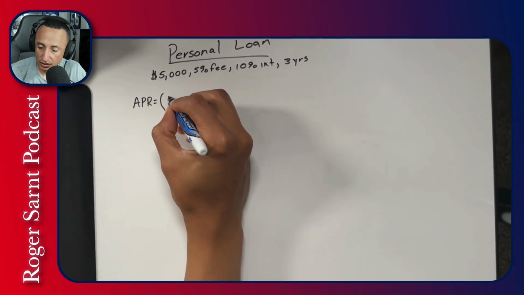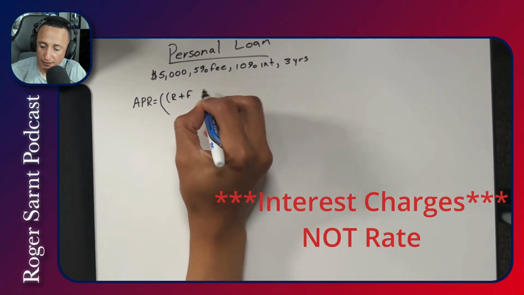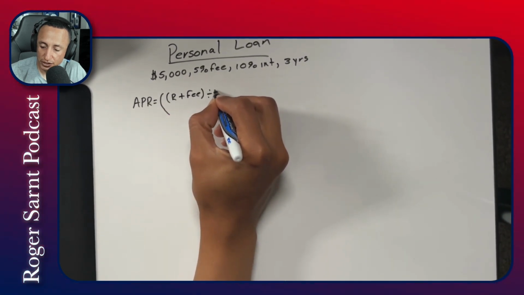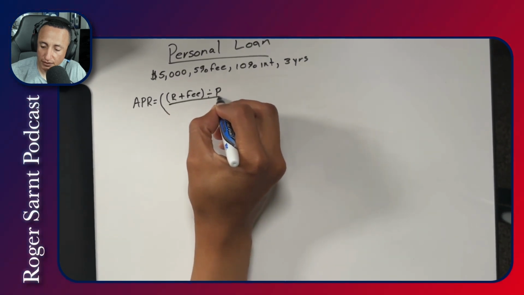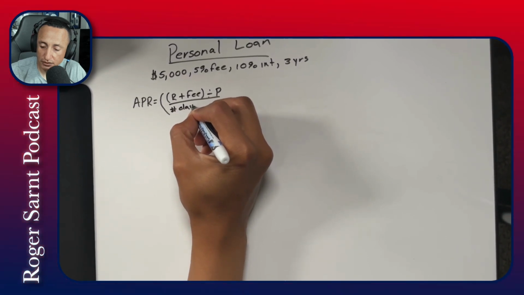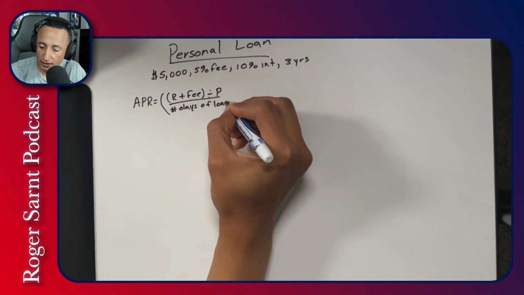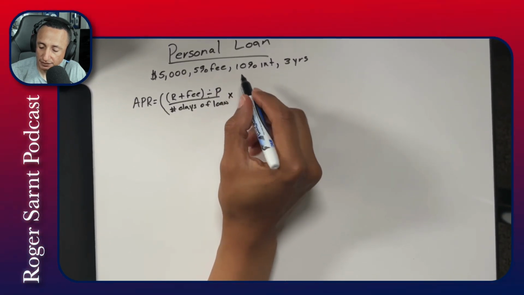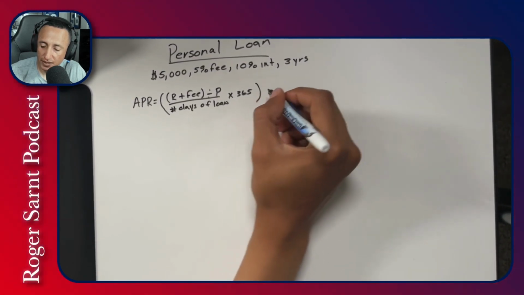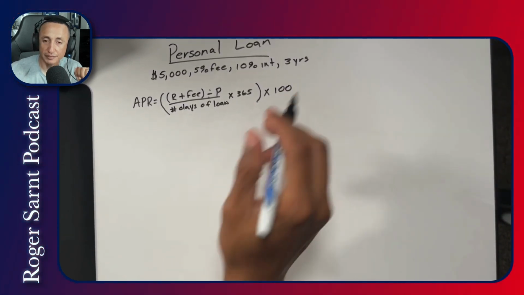And that's going to be rate plus fee, divided by principal, over number of days of loan, times 365, which is your APR, annual percentage, and it's multiplied by 100.